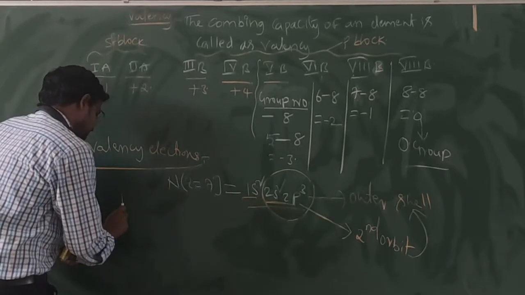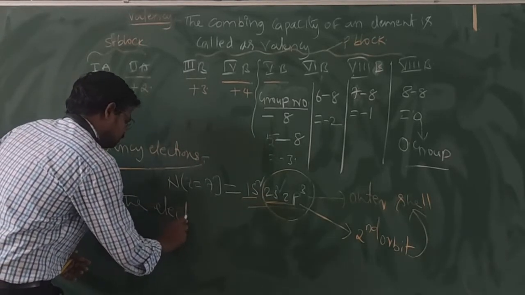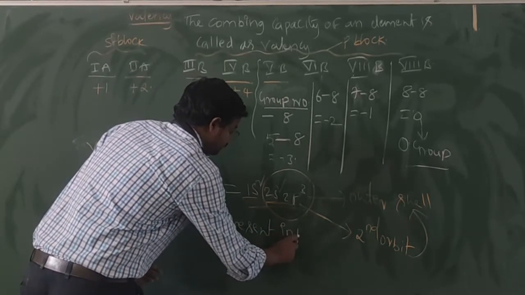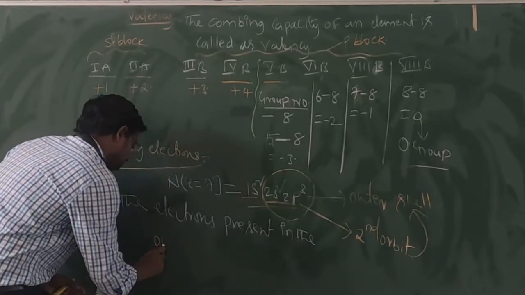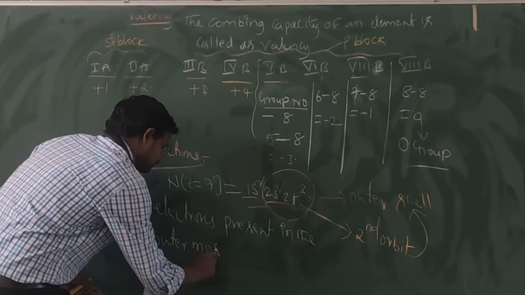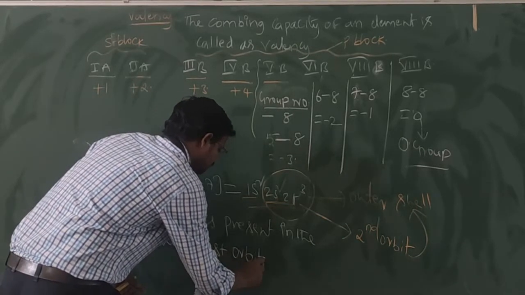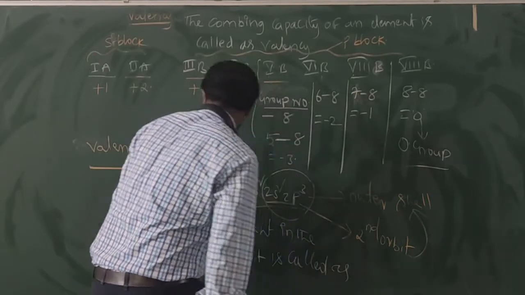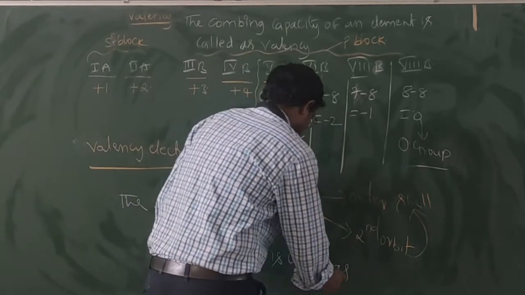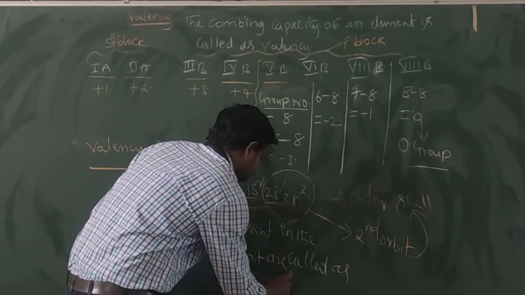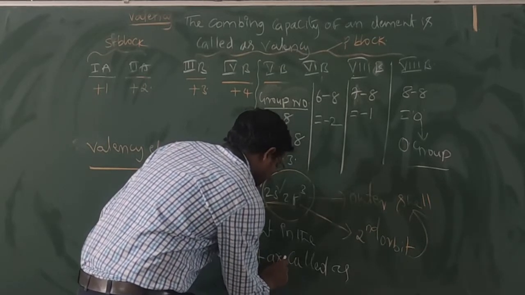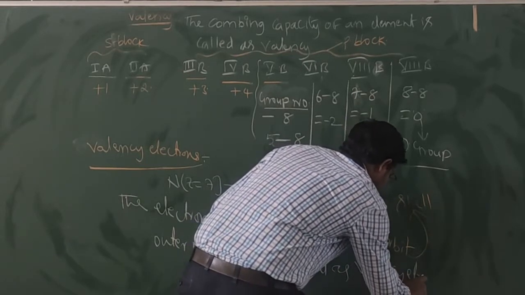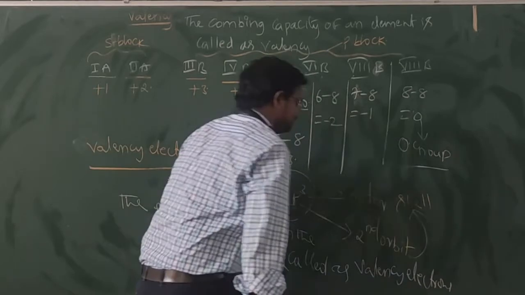That means you see the definition. The electrons present in the outermost orbit are called valency electrons.